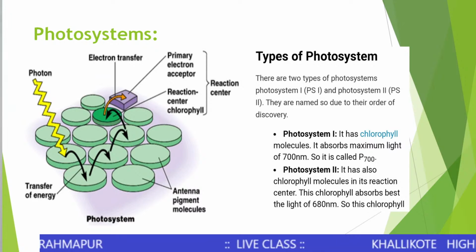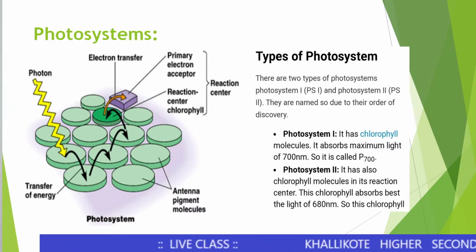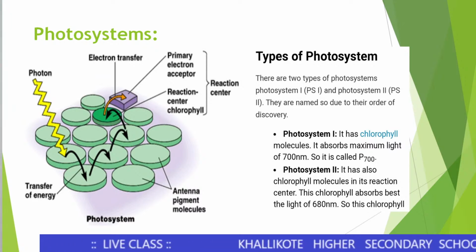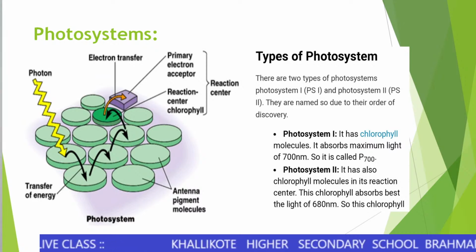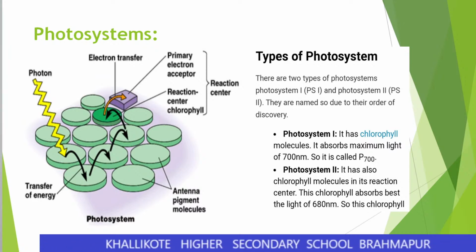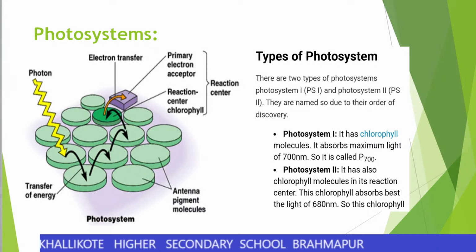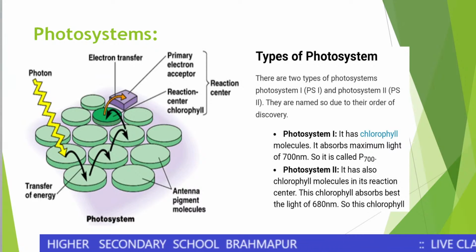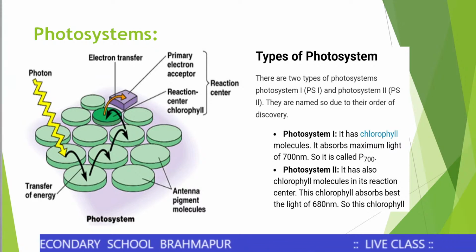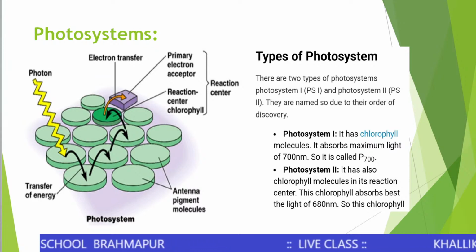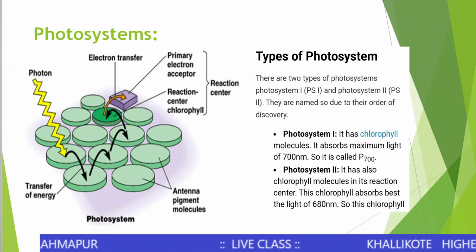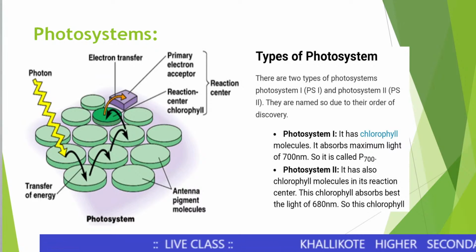Surrounding the reaction center chlorophyll molecule, you have different antenna pigment molecules, which are a collection of chlorophyll a and chlorophyll b pigments that absorb different wavelengths and surround the reaction center molecule.